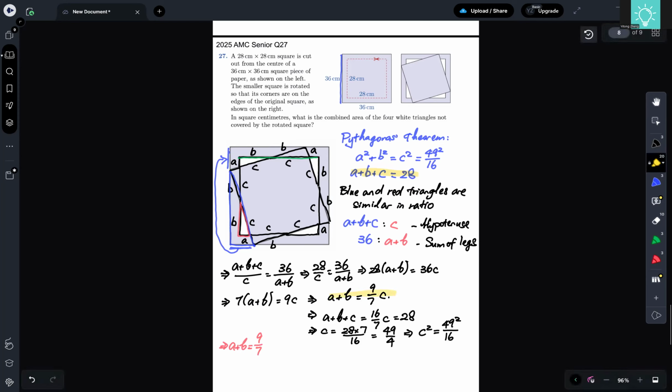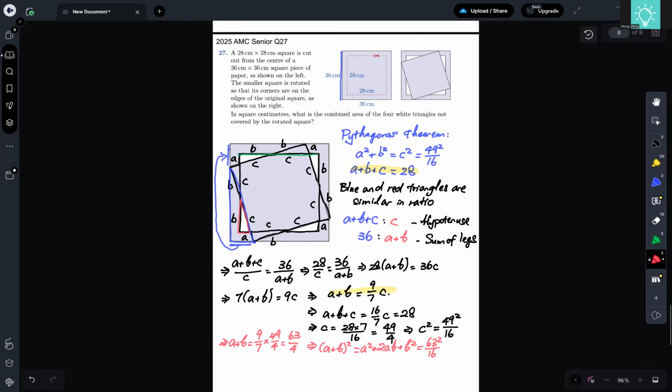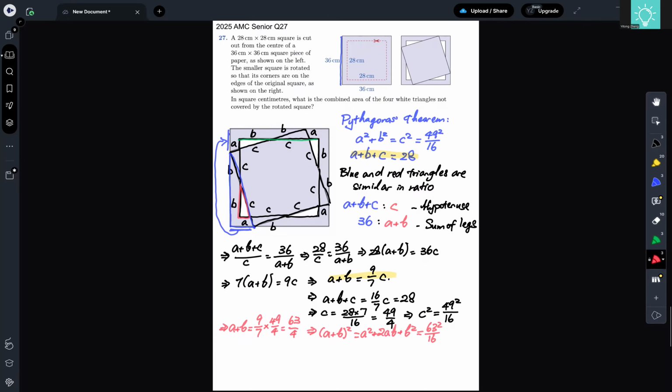We have this, and we just worked out what C is. So 9 on 7 times 49 over 4. The 7 and the 49 cancels out, and we get 9 times 7 is 63 over 4. And now I can square both sides so that A plus B all squared, which is A squared plus 2AB plus B squared, is 63 squared over 16. Again, I don't work out 63 squared because it's a very big number and I don't want to make a mistake.